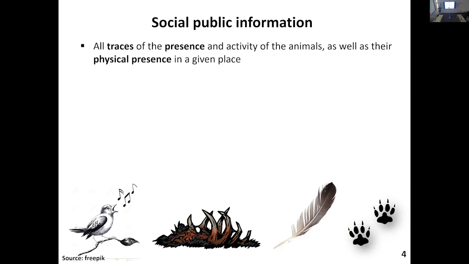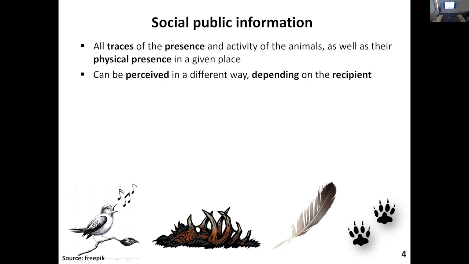So think of things like calls, olfactory cues, chemical cues left in the environment, tracks, feces the animals leave behind, fur, feathers, the carcass of a prey left behind by the predator, or something like this.